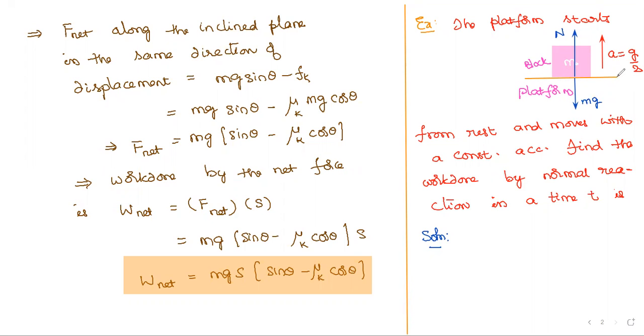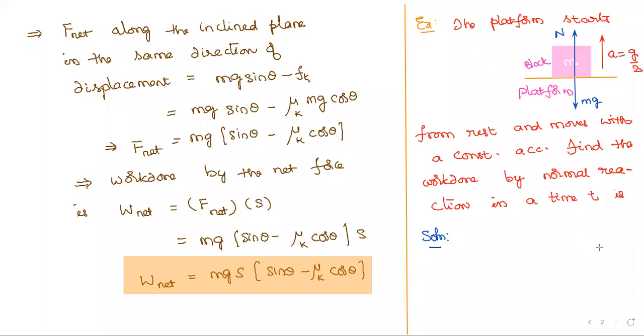Here if the platform is at rest, then what is the normal reaction? If I ask, straight away you say it is placed on a surface, so N is equal to mg. But the problem is the platform is not at rest. It is going up with an acceleration a equals g by 2, which means it is getting some net force upwards.